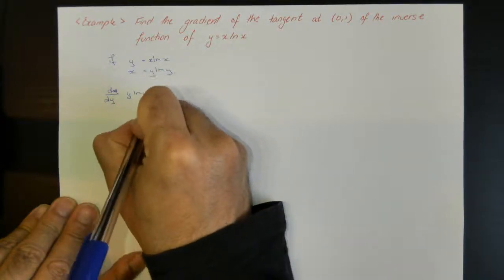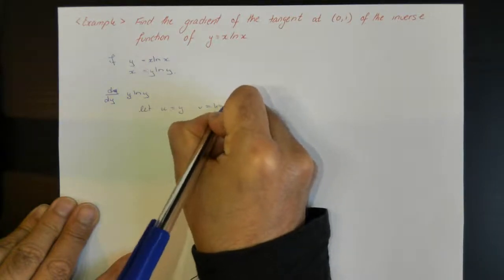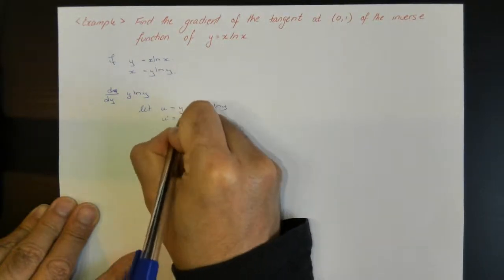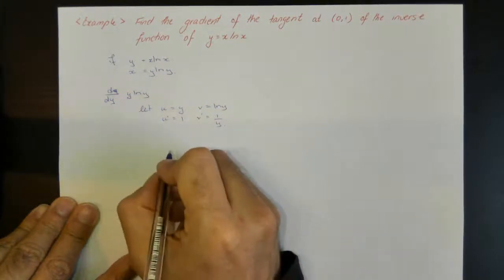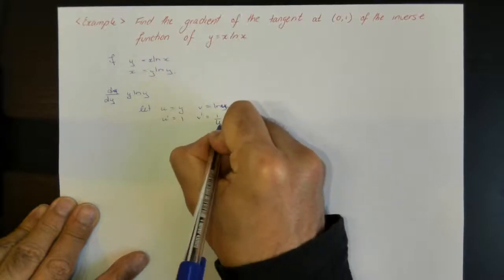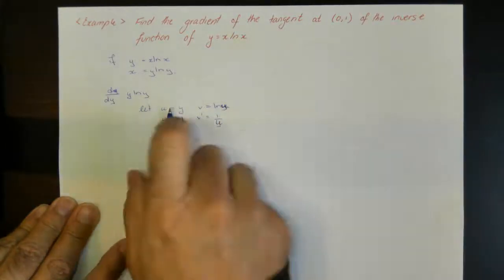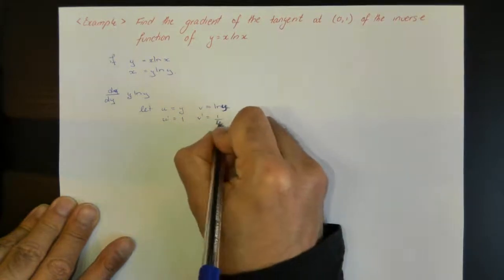So let u equal y and v equal log y. It's a product rule. Oh, sorry, log y. Yep. It's product rule, 1 over y.